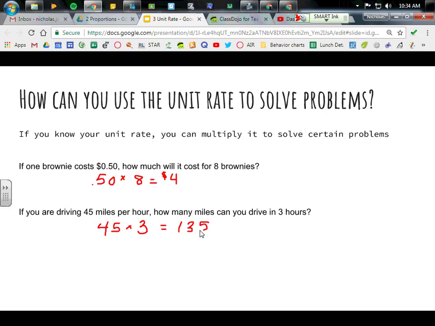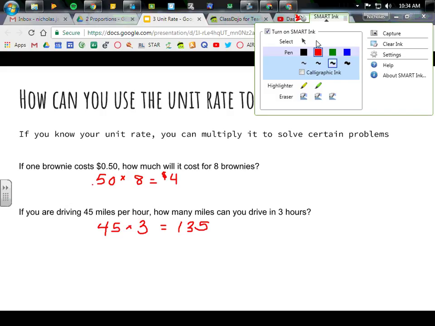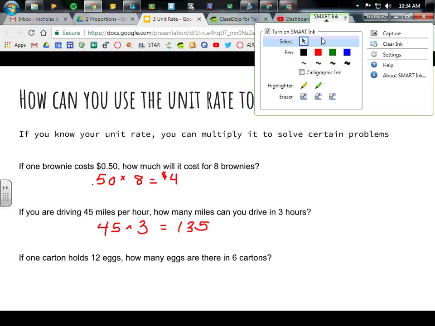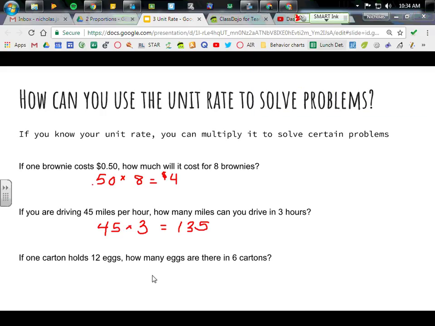So you can drive 135 miles in 3 hours at this speed. All right. If one carton holds 12 eggs, how many eggs are there in 6 cartons? 12 times 6 will equal 72 eggs.